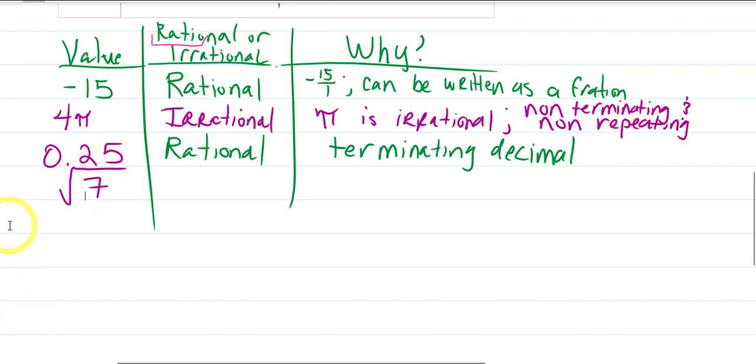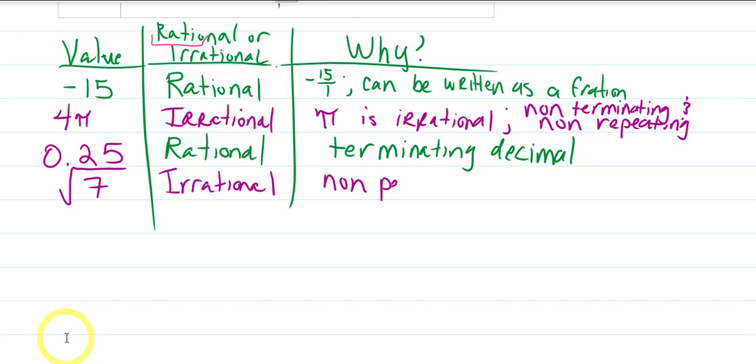I can look at my list or think about my perfect squares or my integers as I multiply them. And 7 is not going to be a perfect square. So because of that, it's going to be irrational. I can estimate where it would be, but that's going to be a non-perfect square. And so that's the reason. It is a non-perfect square.